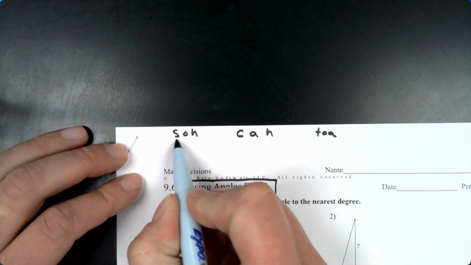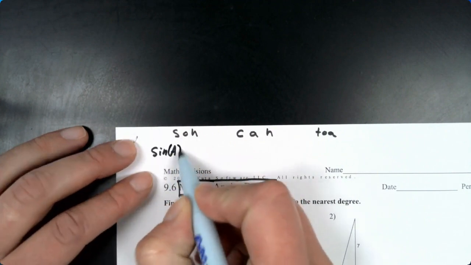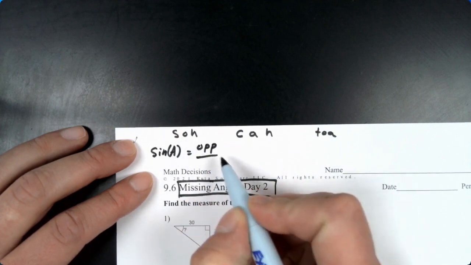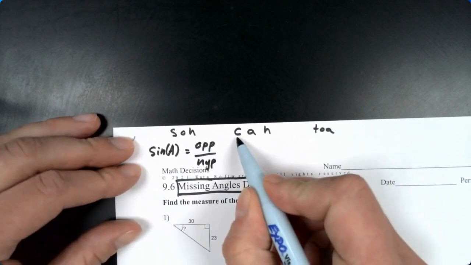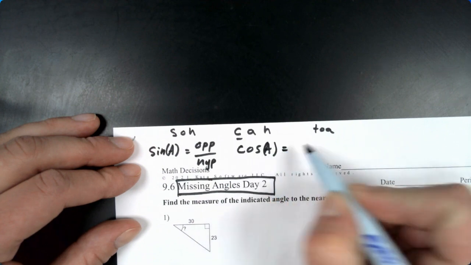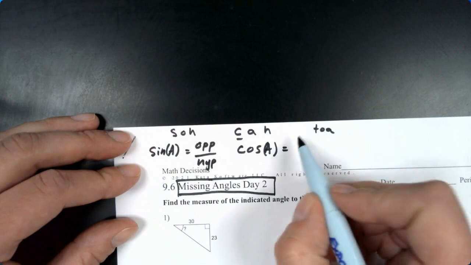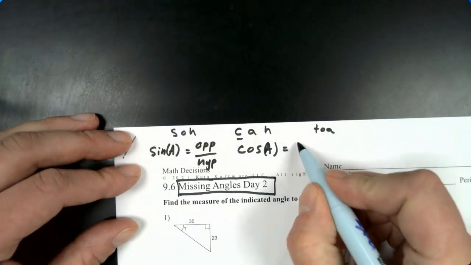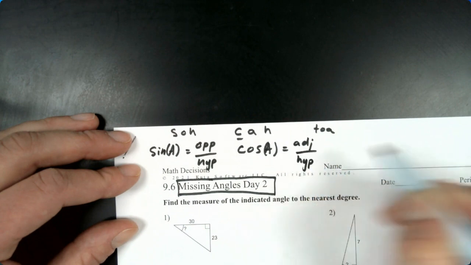So remember, sine of the angle equals the opposite side over the hypotenuse. The cosine of the angle is the adjacent side length over the hypotenuse.